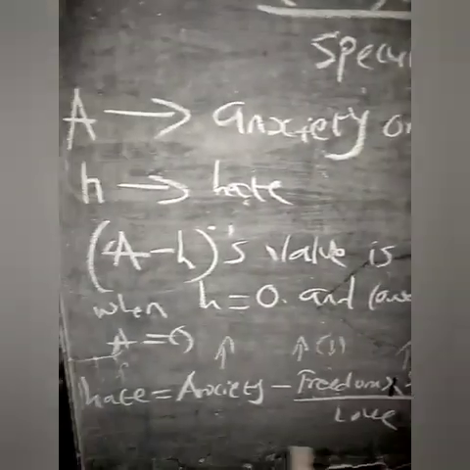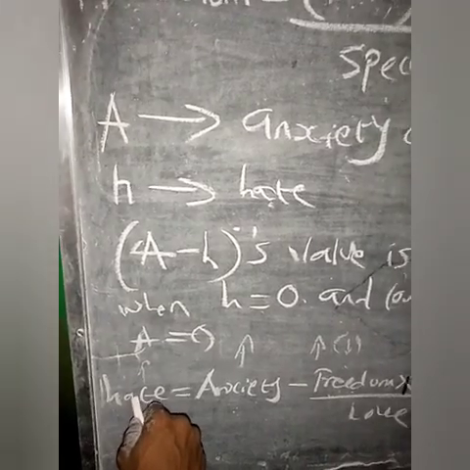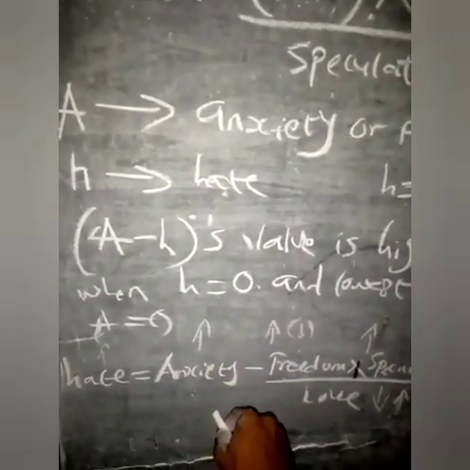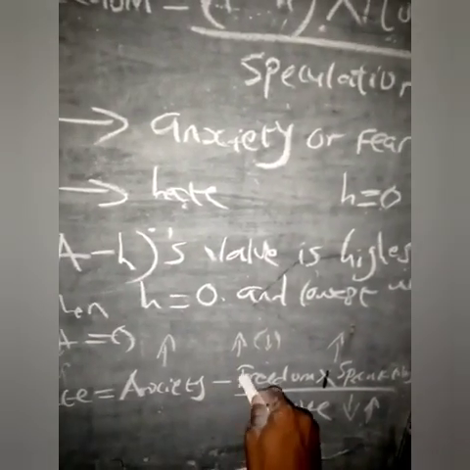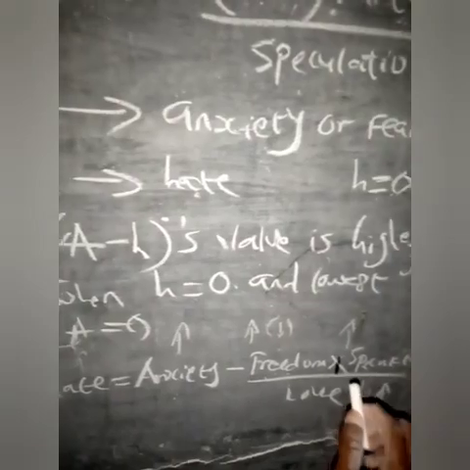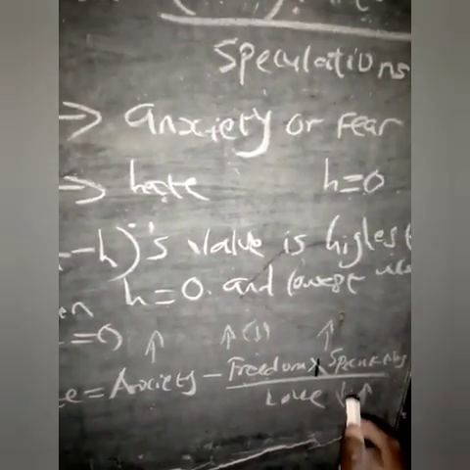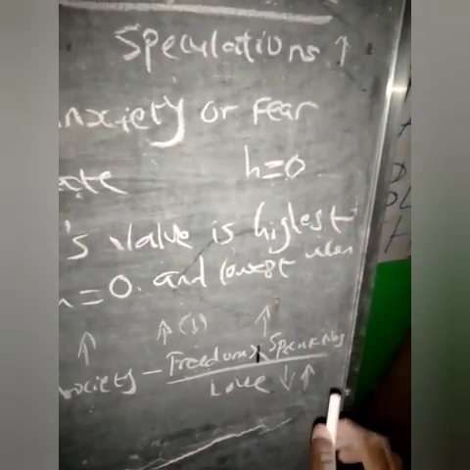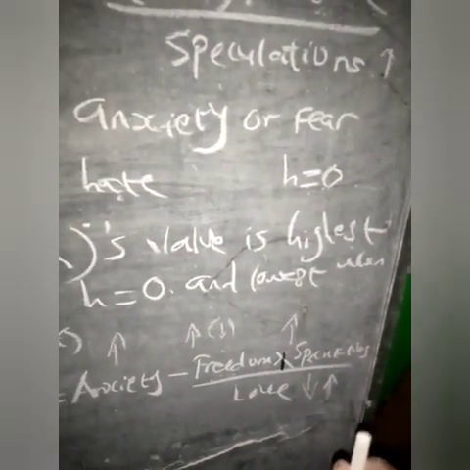When your love is increased, hatred will decrease. When hatred is decreased, anxiety or worry will decrease. When anxiety or worry is decreased, freedom will be decreased, meaning your mind will be occupied. That's what this equation is telling us. Your mind will be occupied, and it also leads to a decrease in speculations. There will be few guesses that you make.